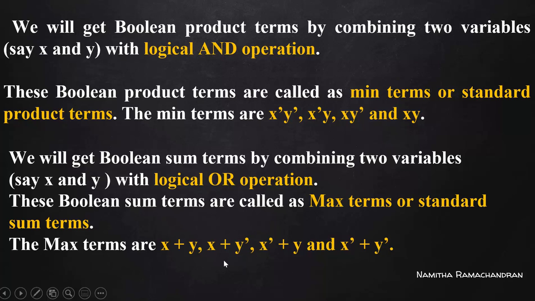Then what are the possible max terms here? x plus y, x plus y complement, x complement plus y, x complement plus y complement. Combining these max terms using logical AND operation, we get product of sum terms, POS form.